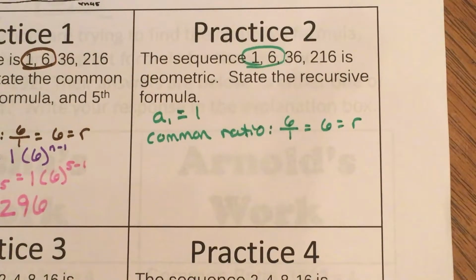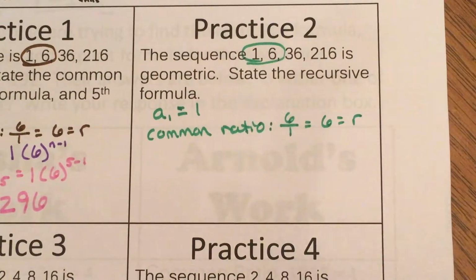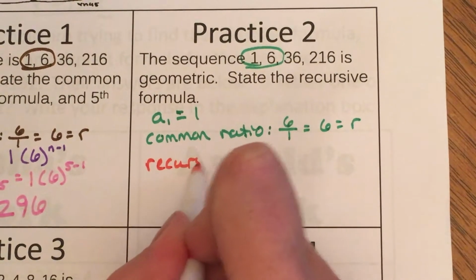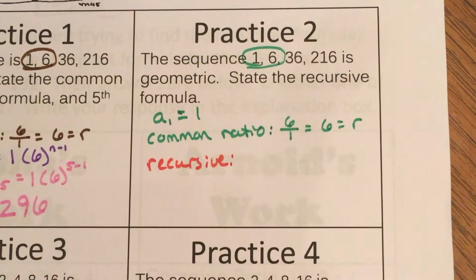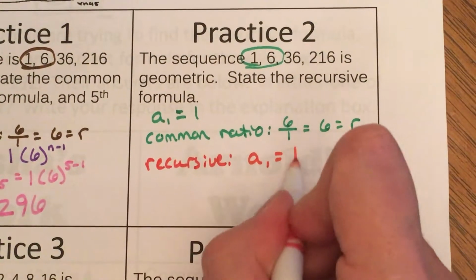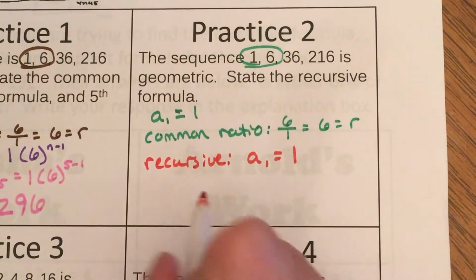And then the recursive formula is really simple. I know it seems strange. So for the recursive, you say the initial value was what it was.